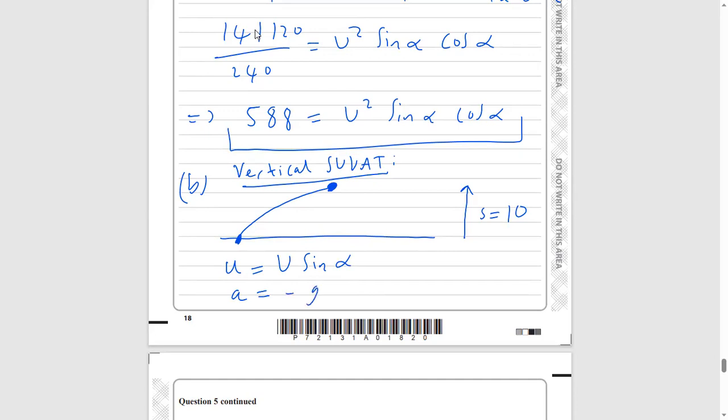And we've got a final speed at this point there, a v value of 0. Remember, if you throw a ball straight upwards, once it gets to the top, it momentarily stops. So the final velocity at the top vertically is 0 because it's momentarily stopped at the maximum height.